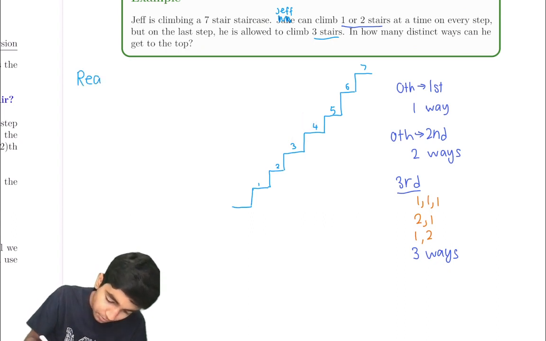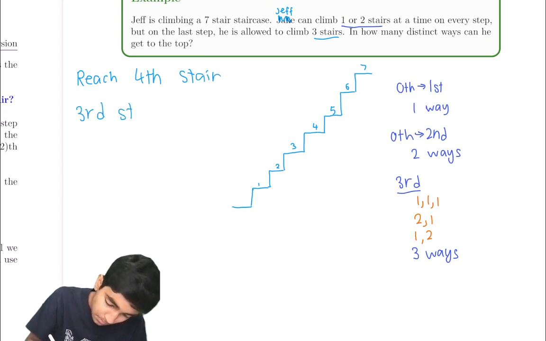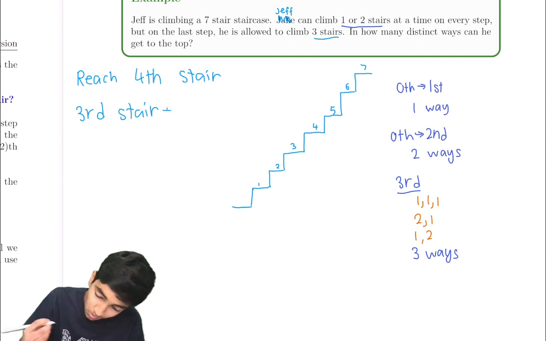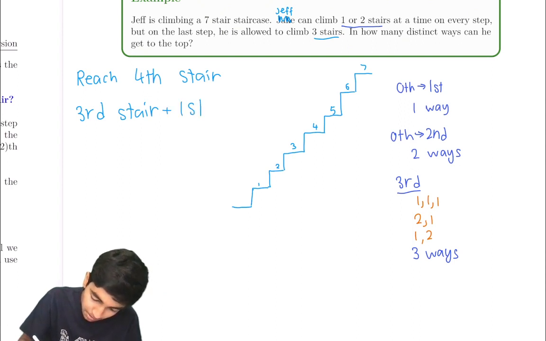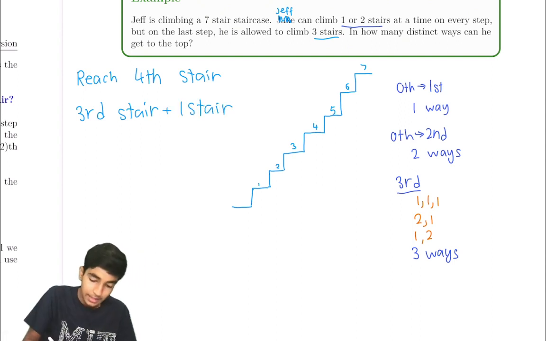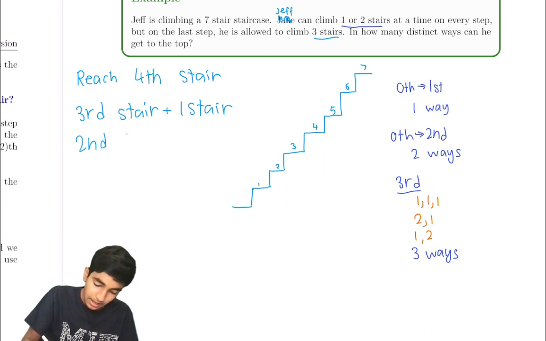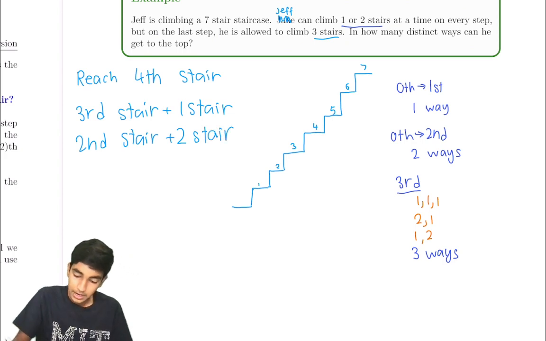Reach the 4th stair. You can be on the 3rd stair plus 1 stair climb. Or you can be on the 2nd stair and a 2-stair climb. Right? Because if you're on the 2nd step, you need 2 to get to 4.